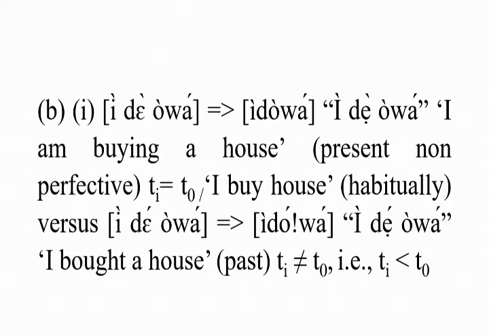Then B, let us look at the low and high tone depending on the tense. Ide owa, I am buying a house, currently buying a house. Or it is my duty, it's my profession to buy houses. That is what you have there in Idowa.